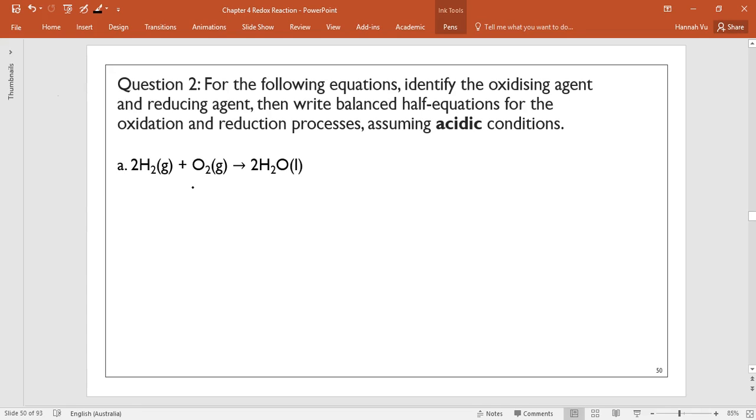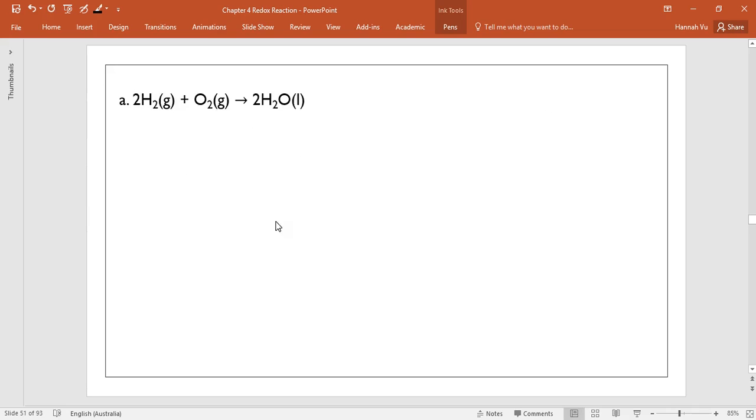So with question 2, this is an overall equation of a reaction, which means that within this you will have two processes, the oxidation and the reduction. So we're just going to start by finding oxidation numbers, so you can identify the oxidizing and reducing agents.